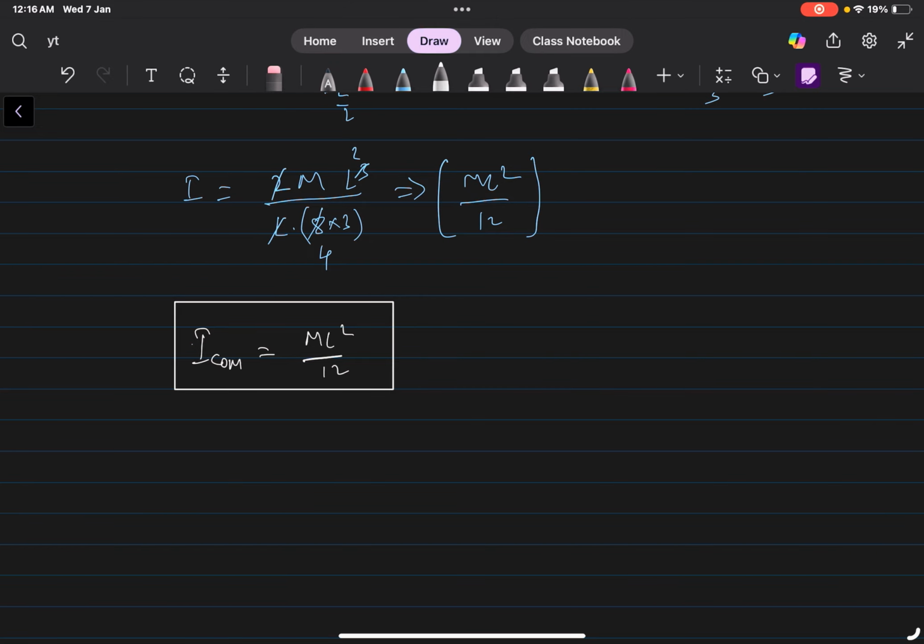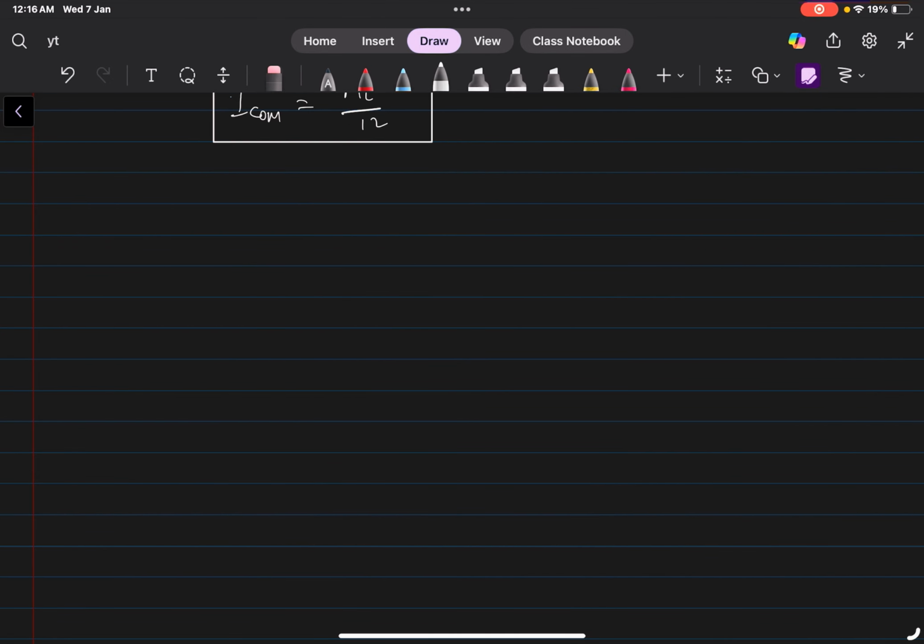Now the second topic is the moment of inertia of a rectangular plate about a line, as shown.